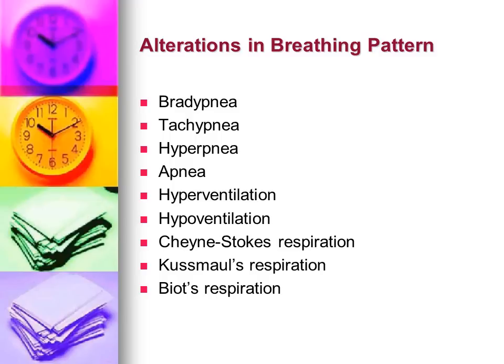Kussmaul's respirations, abnormally deep, regular, and increased in rate. Biot respirations are abnormally shallow for 2 to 3 breaths, and this is usually followed by an irregular period of apnea or no breathing.